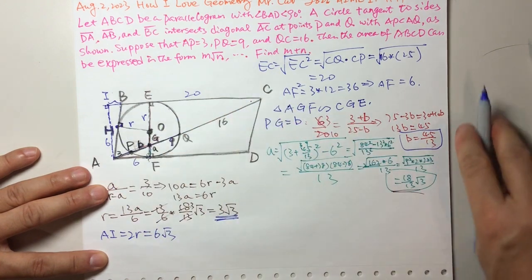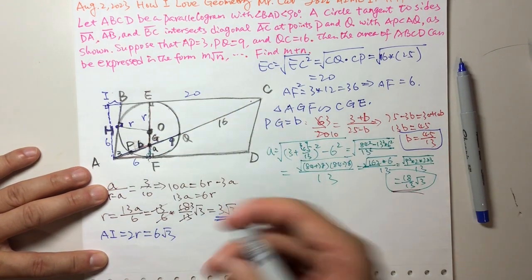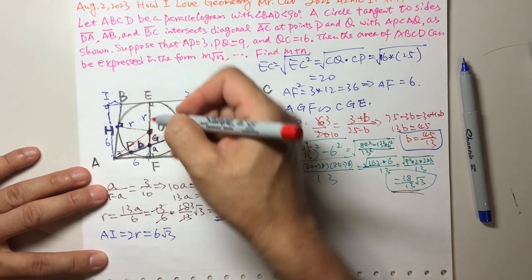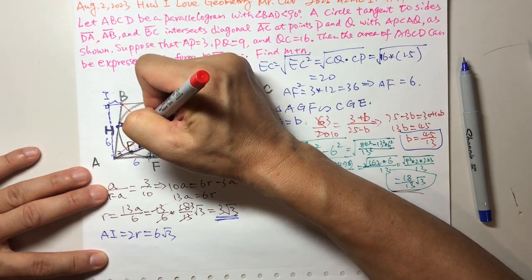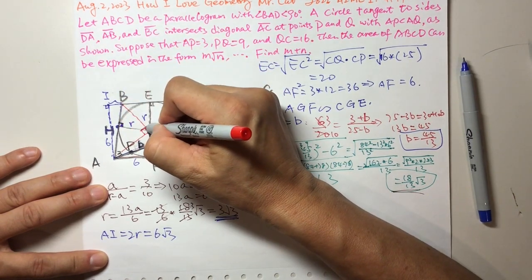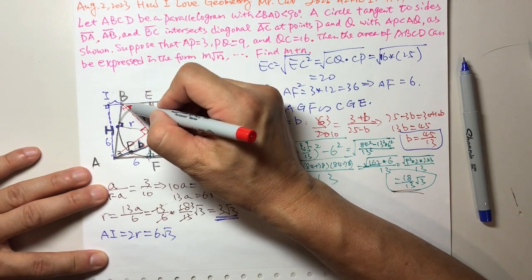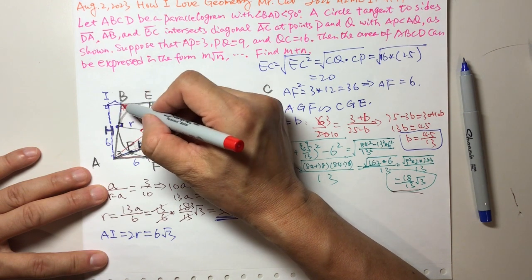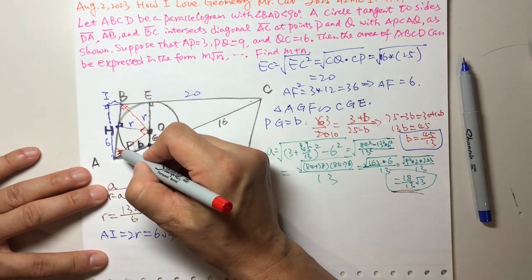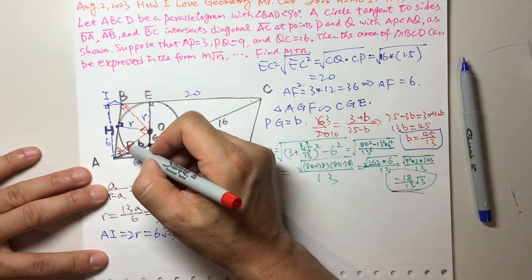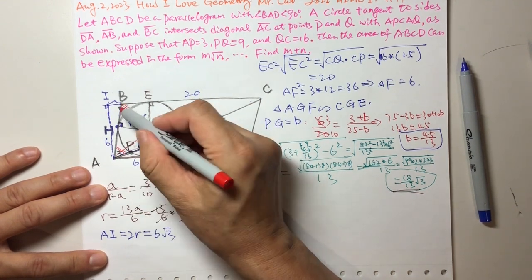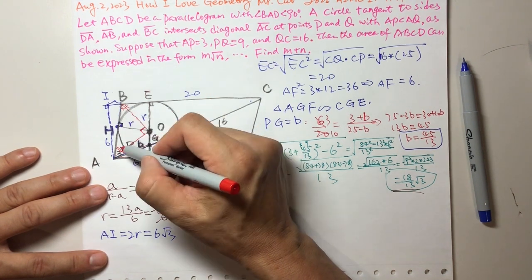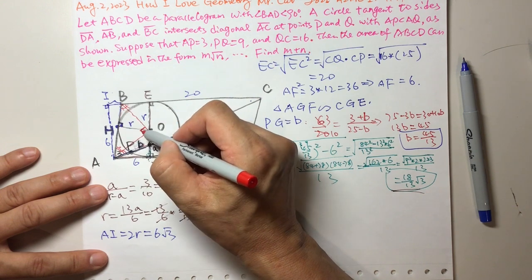This is perpendicular. So if we are familiar with this one, we will connect AO and connect BO. So this will be 90 degrees, right? Because OB is this angle bisector, and also this is an angle bisector. So this angle and this angle are supplementary, so the half of them, the sum of them, is 90 degrees.